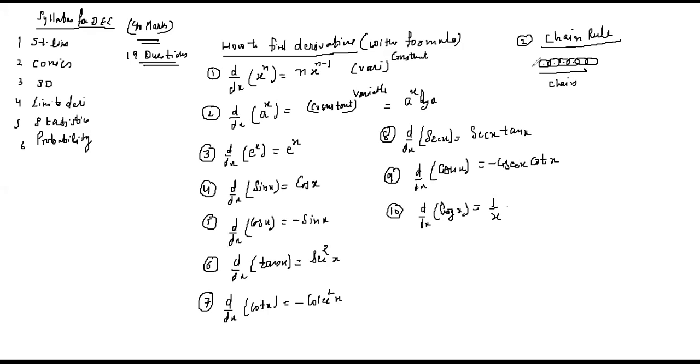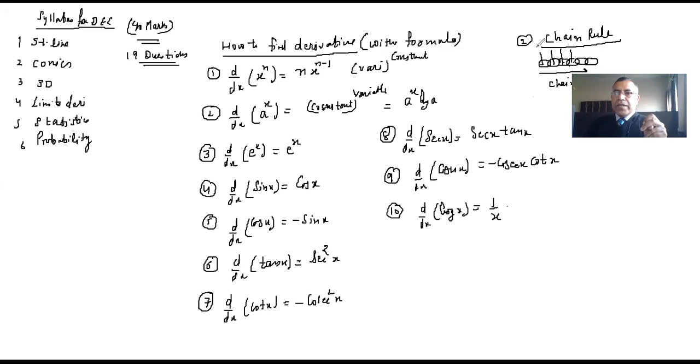If you apply a force on the first segment, then this force is transferred to the second segment, then to the third, then to the fourth. In the same way, while calculating the derivative of a function, we will first find the differentiation of the first segment, then move to the second, then the third, then the fourth. That is the reason it is called chain rule. So I will try to use the segment-wise approach while solving the questions.